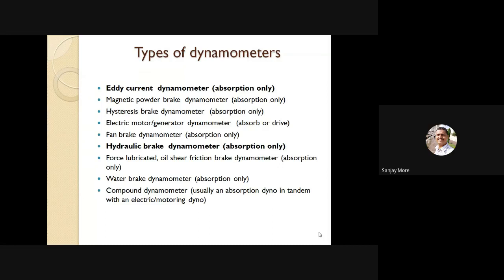These are the types of dynamometer; only eddy current dynamometer and hydraulic brake dynamometer are in our syllabus.